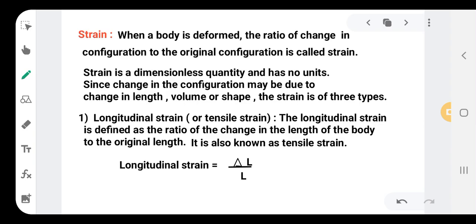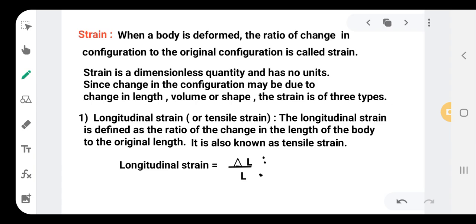So when a body is deformed, the ratio of the change in the configuration to the original configuration is called strain. Strain is dimensionless because both the configurations have the same unit, so the unit cancels, and it is a unitless quantity. It may be the change in the length, change in volume or shape.